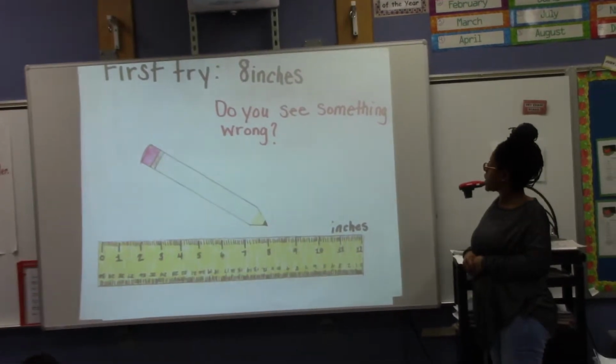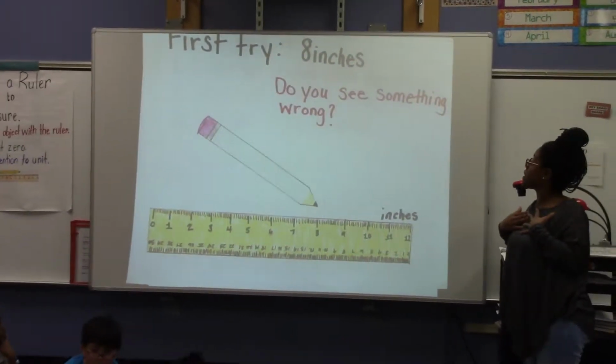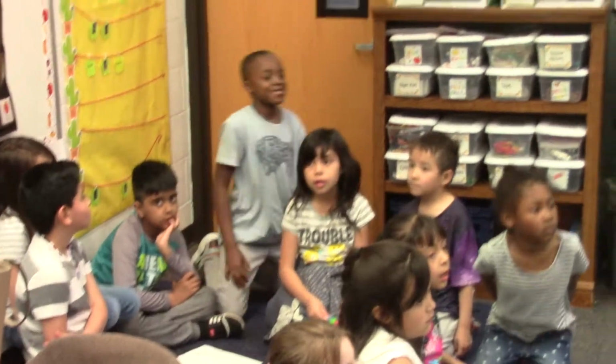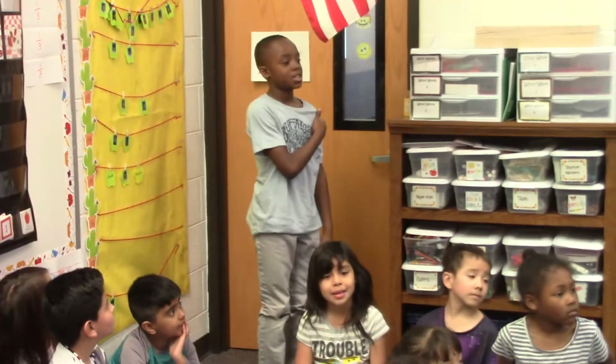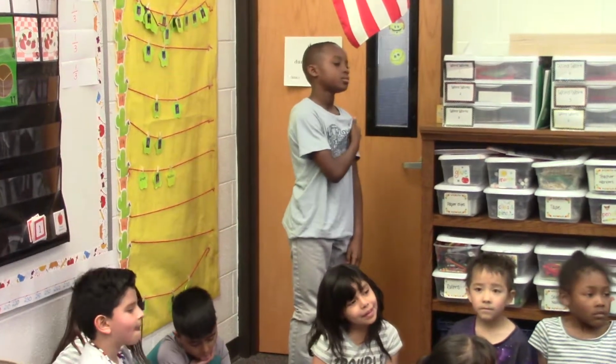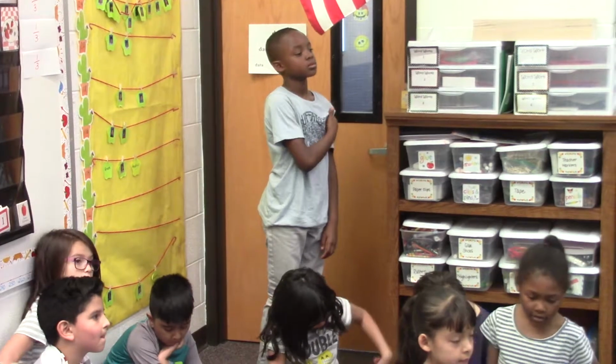Can you tell the class what Miss JY did wrong on her first try? Stand up. You have the pencil in the sky and it's not starting at 0. Oh, so I didn't line the object up to the ruler. Do you all see that? Ms. JY didn't line the object up to the ruler.